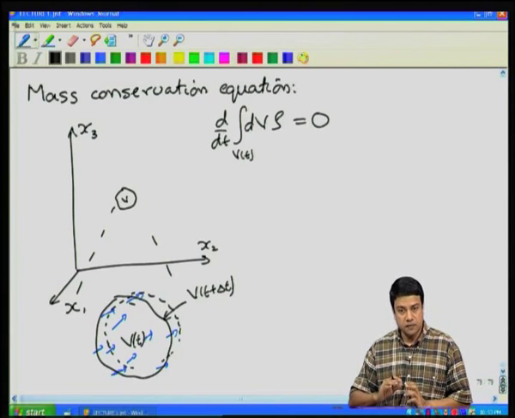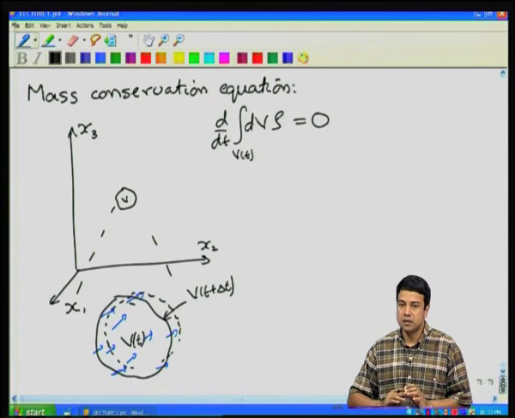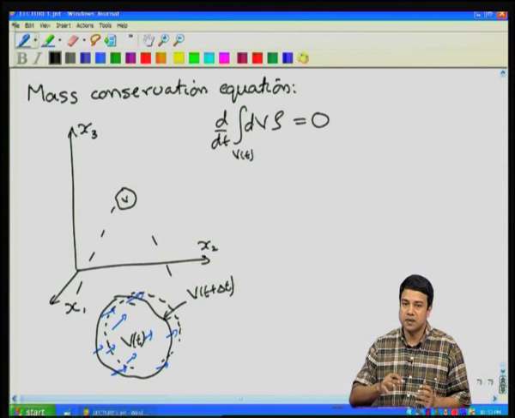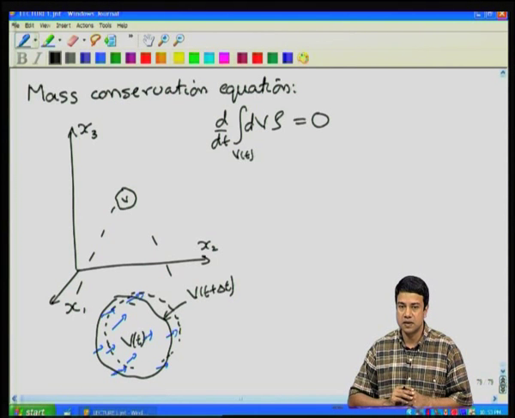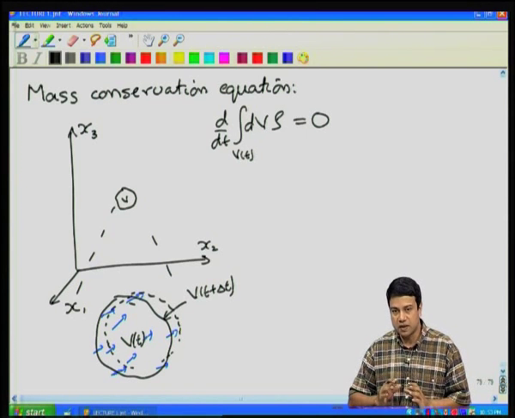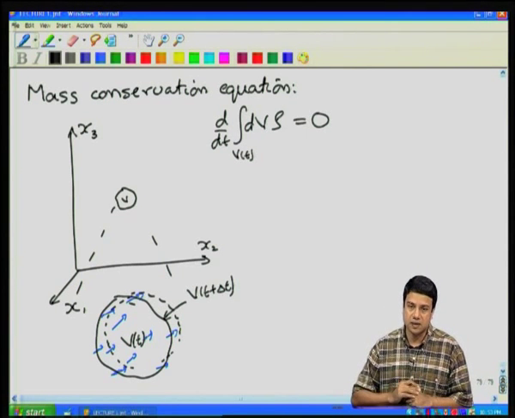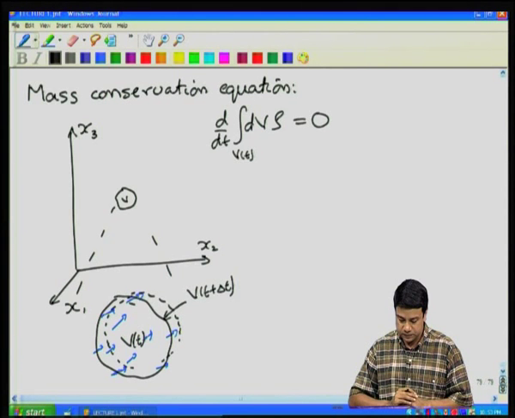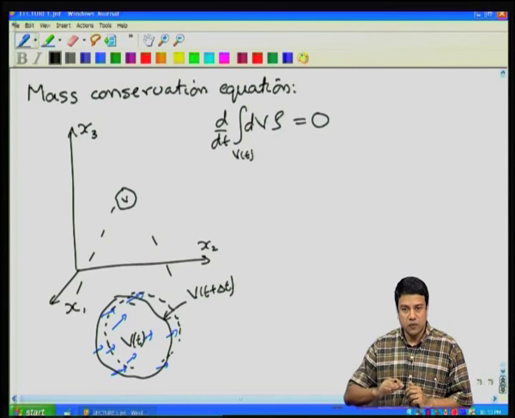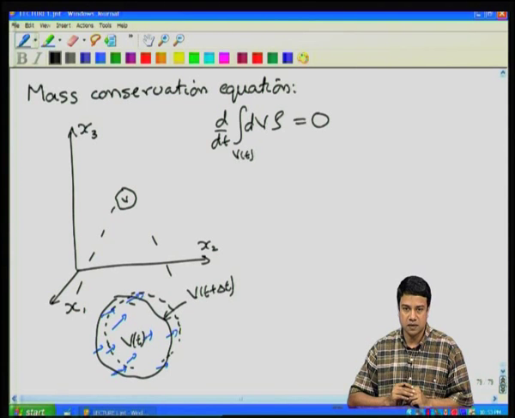Now, this was written for a moving volume element, whereas we always define our velocity, density, etc., with respect to a fixed coordinate reference. Therefore, we have to translate what is in this moving element into something that is fixed in space. So, you have a moving element and there is some change. The change in the mass within that element has to be equal to 0.